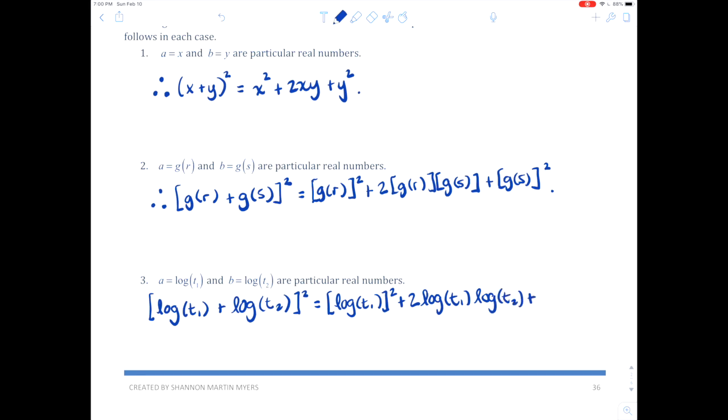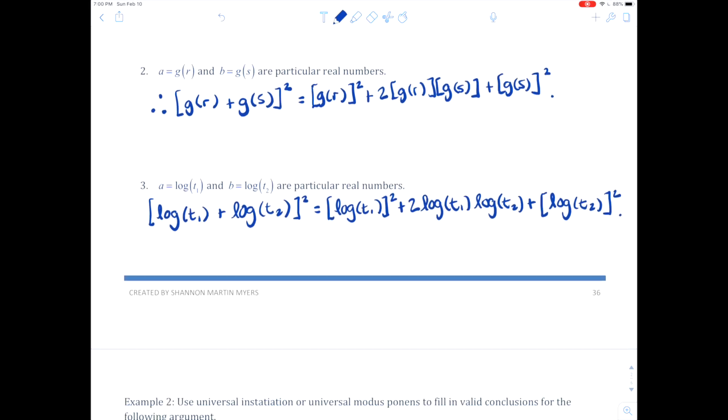And then wrapping it up with the quantity log at t2 squared. Good so far? Awesome. All right, and then we'll put our period to show that's the end of the statement.